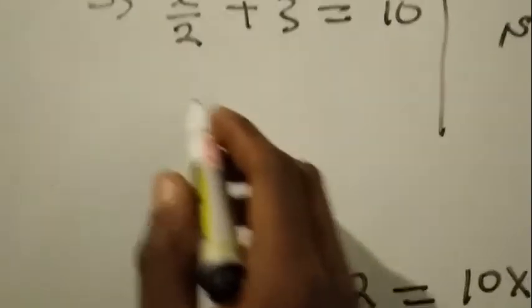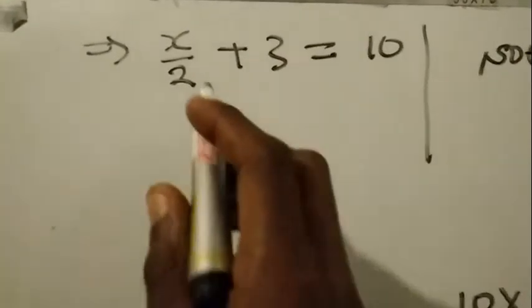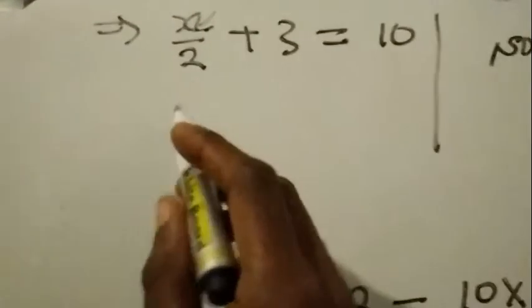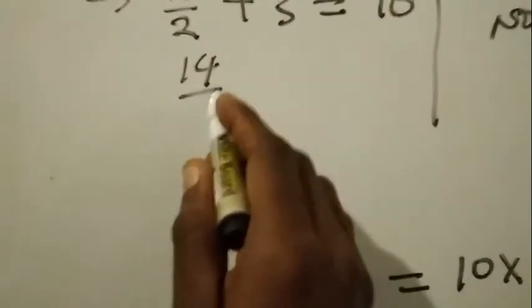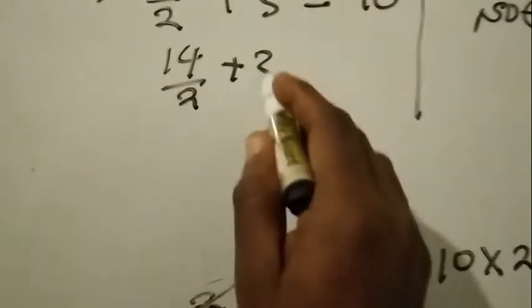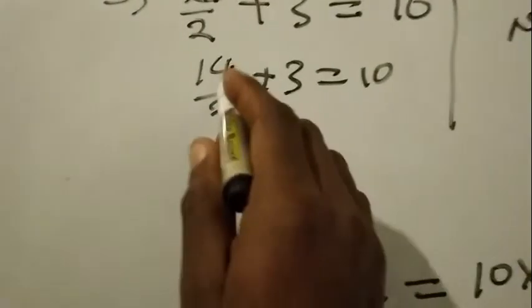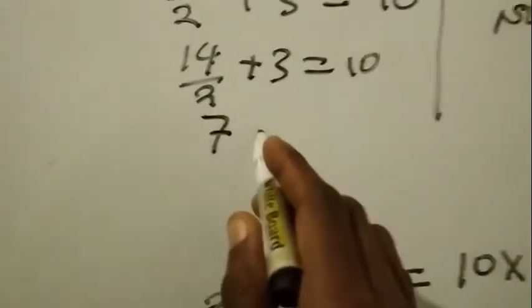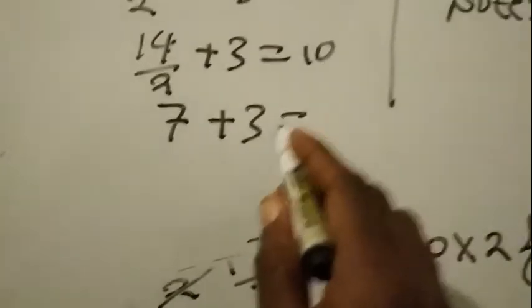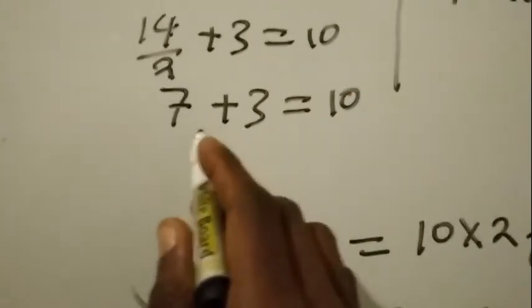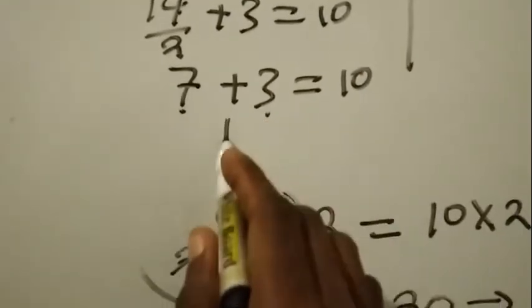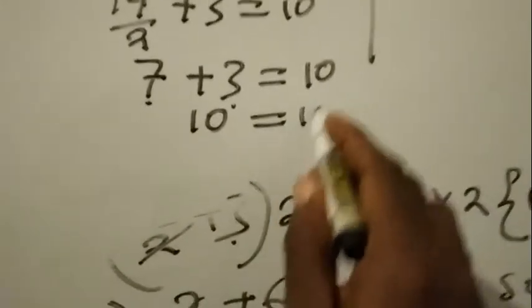So I'm going to put the 14 on the x there. So it will be 14 over 2 plus 3 equals 10. So you can divide that, you get 7 plus 3 equals 10. And what is 7 plus 3? It equals 10.